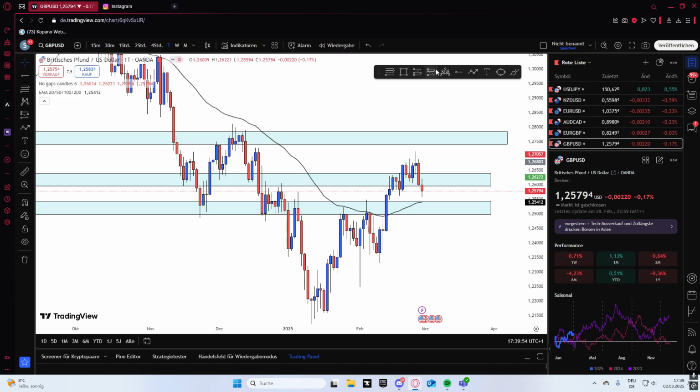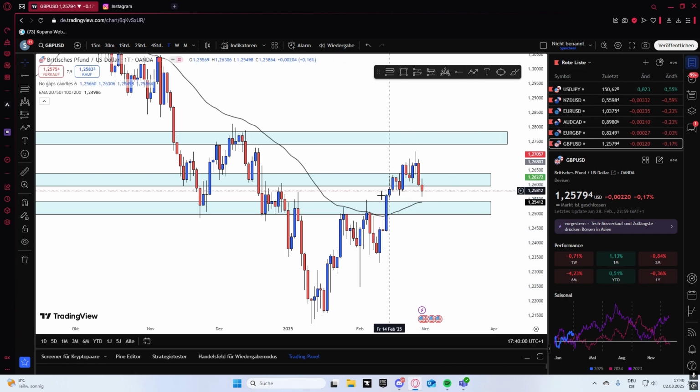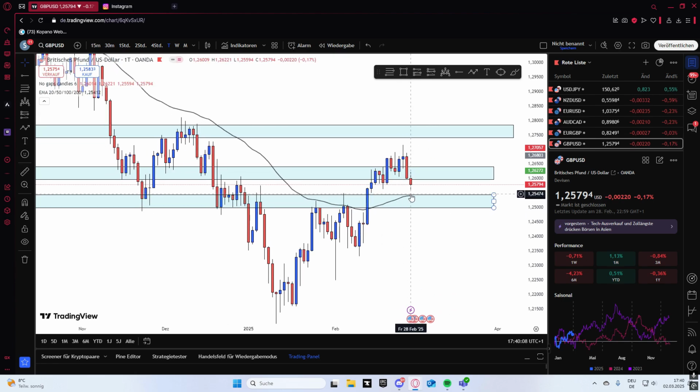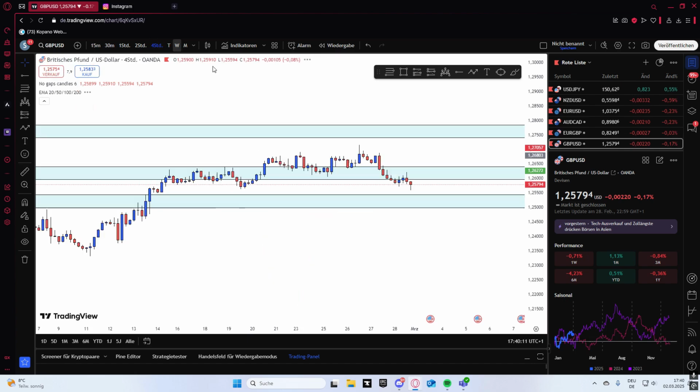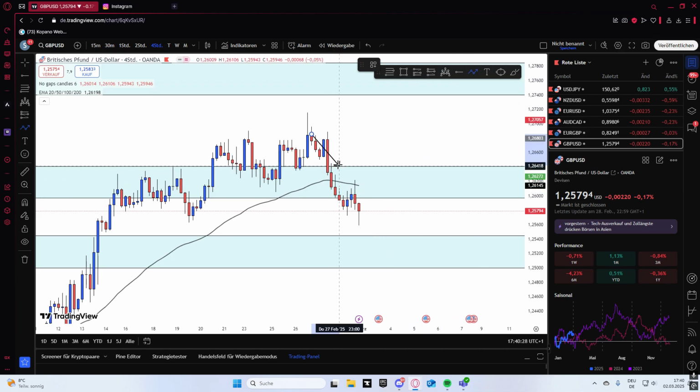We also have a really nice daily head and shoulders here, which I don't like because we never really retested it, and also the daily EMA, which is like a moving support and resistance. My entry signal was basically on Friday, so we shifted bearish on the 4 hour here.